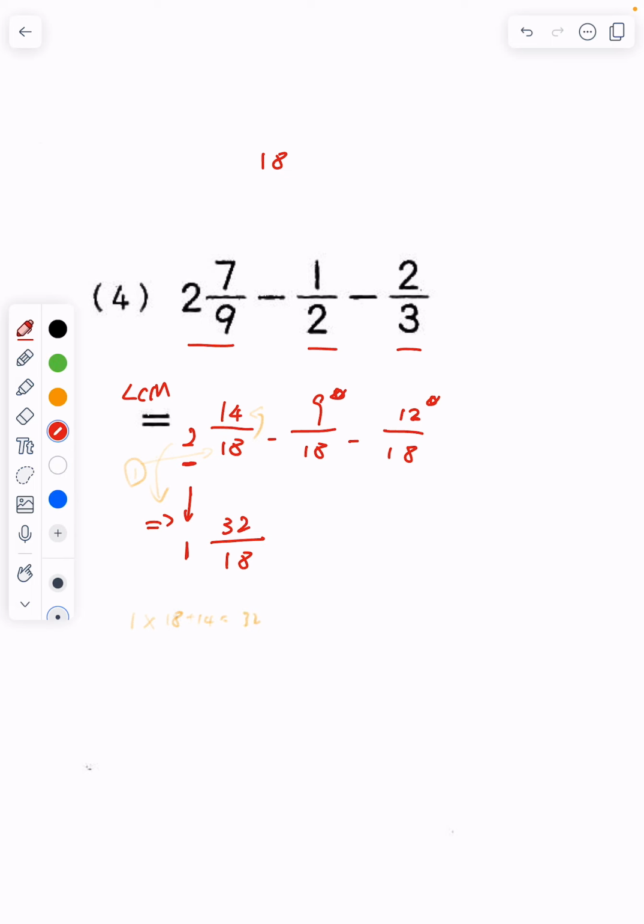All right, so let's go back. 32 over 18, minus 9 over 18, minus 12 over 18. Now, 32 minus 9 minus 12 will give you 11. So your final answer should be 1 and 11 over 18. If you still don't know how to get the 11, we can do 32 minus 9 first, which gives you 23, and then 23 minus 12 gives you the 11.